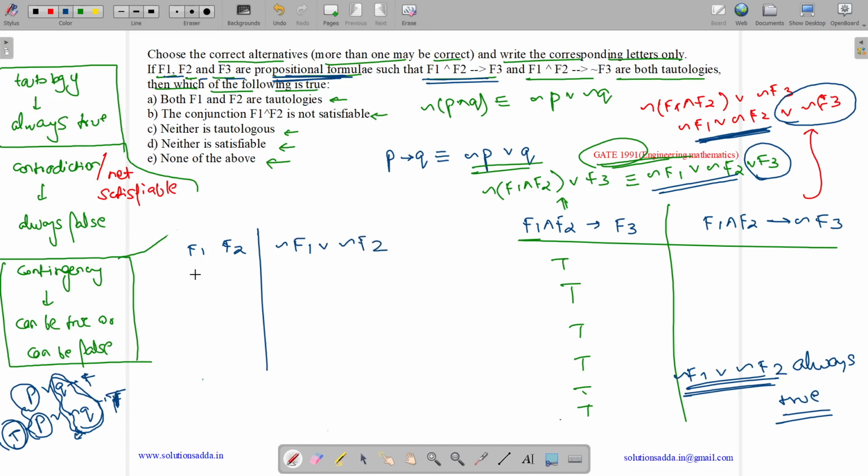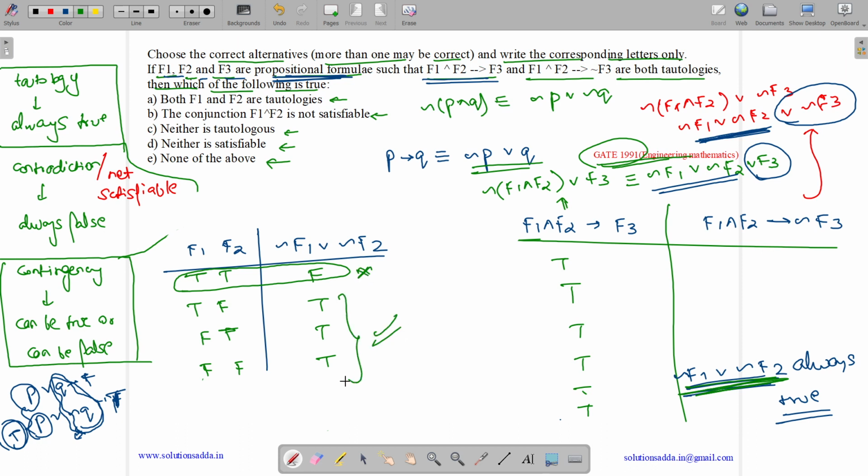We can have values like true true, true false, false true, or false false. So what is negation of true? It's false. False or false? It's false. Negation of false is true. So it's true, and it's true. And here we arrive at the conclusion that this should always be true, which means this condition shouldn't occur, and all these are acceptable situations.